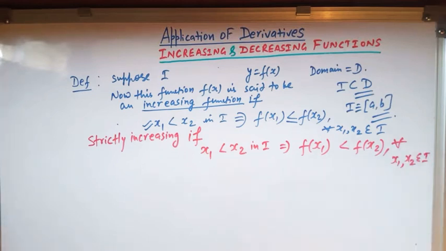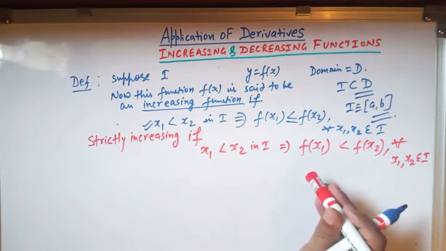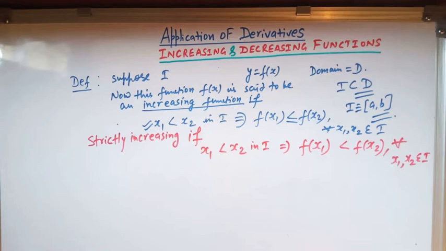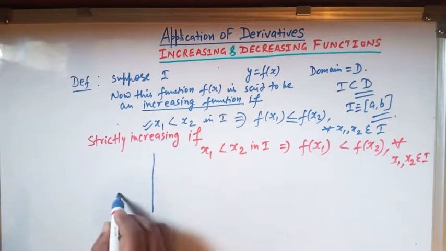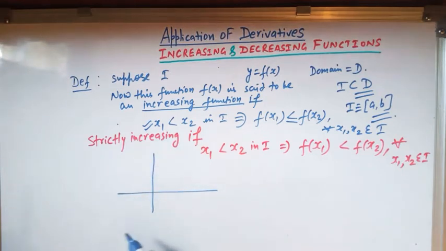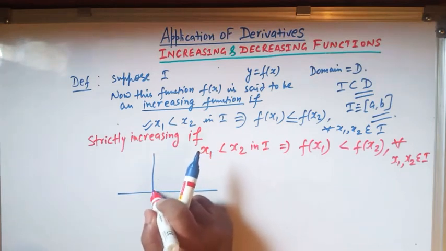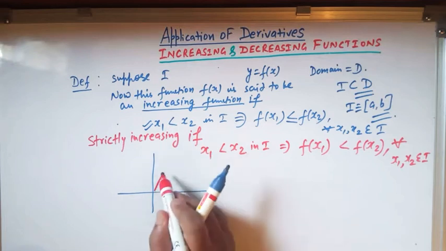Now let us understand the graphical representation of this definition. Suppose we have the graph of a function, say, this is the graph of the function.